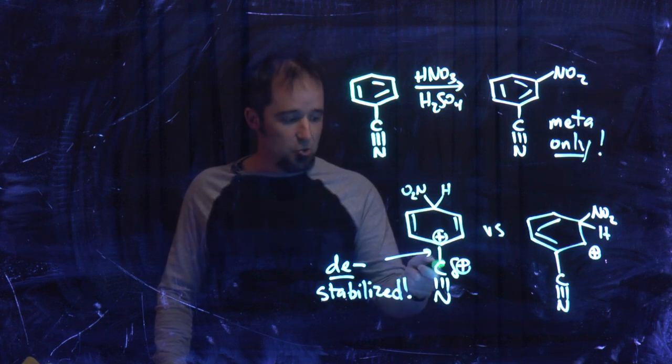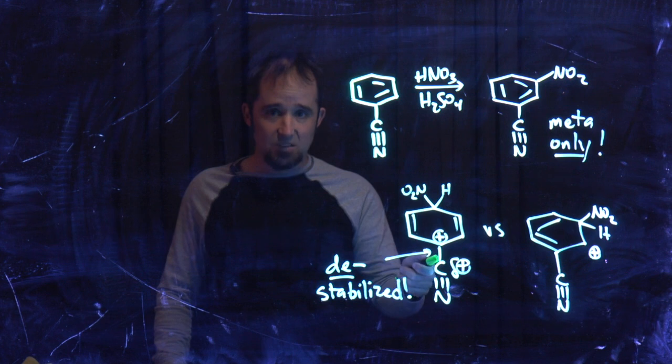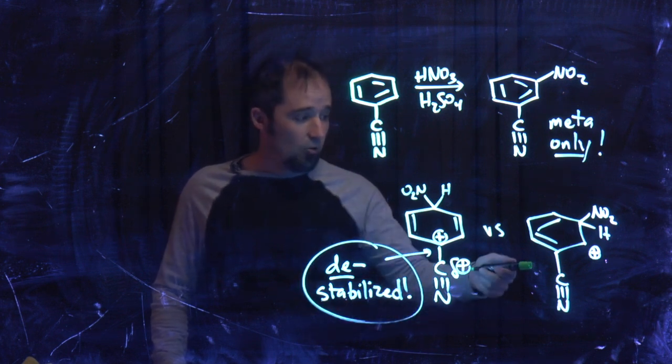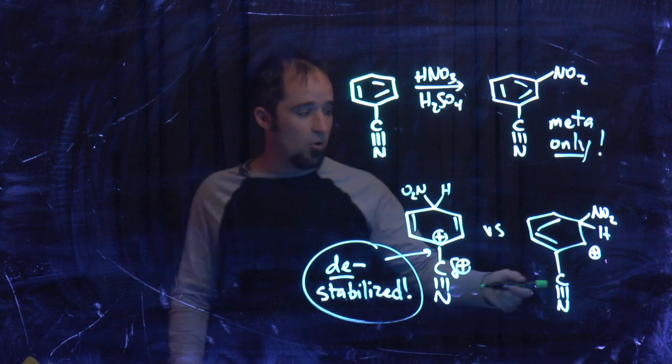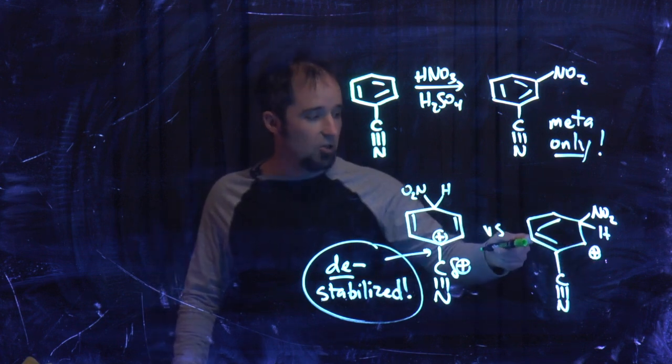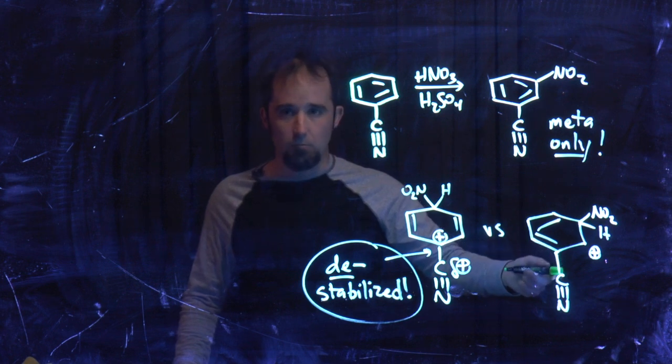So having these two positive-ish things next to each other is destabilizing. It's bad. Over here, I don't have that problem. Again, there's no way to put that positive charge except primarily here, and here, and here. It's not really here. Okay?